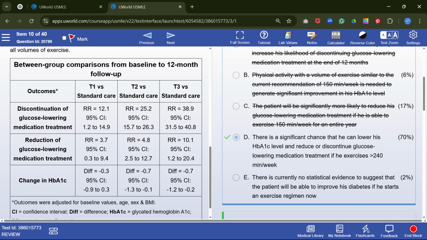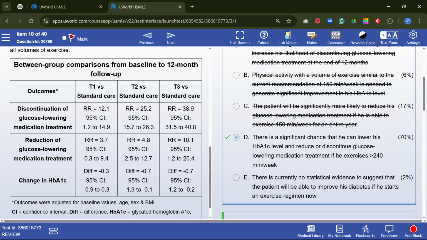So it rules out. So there is a significant chance that he can lower HbA1c and reduce or discontinue lowering medication treatment if he exercises more than 240 and HbA1c.